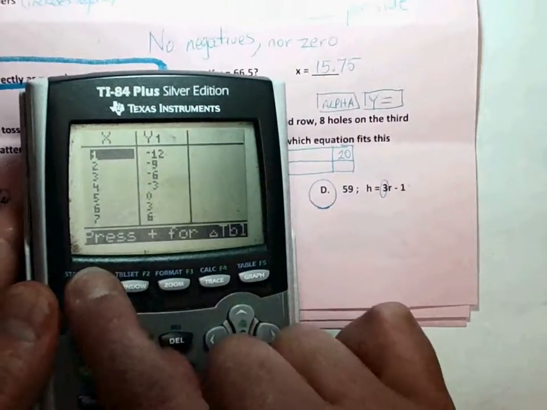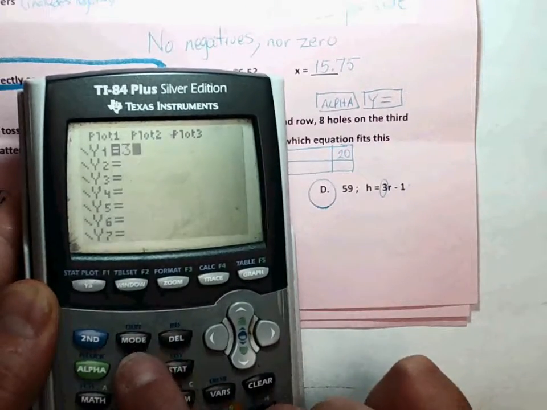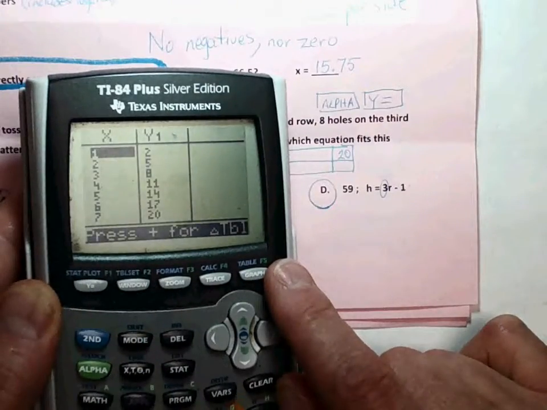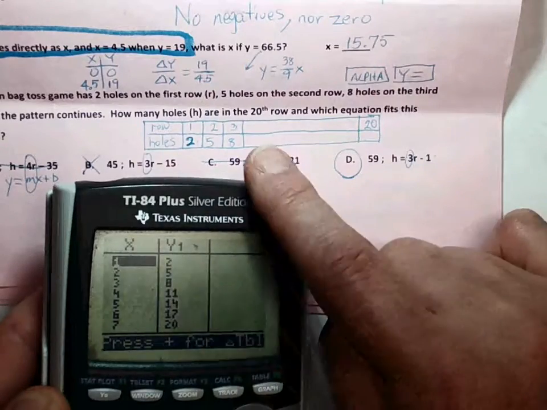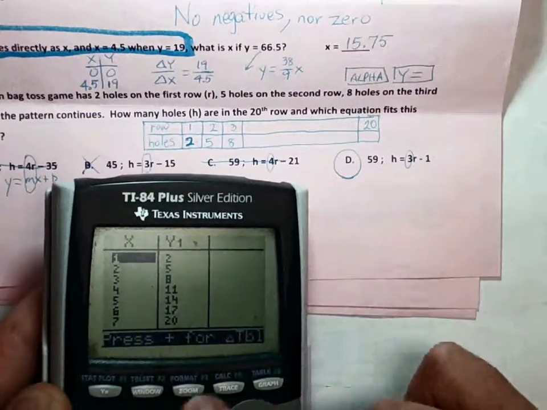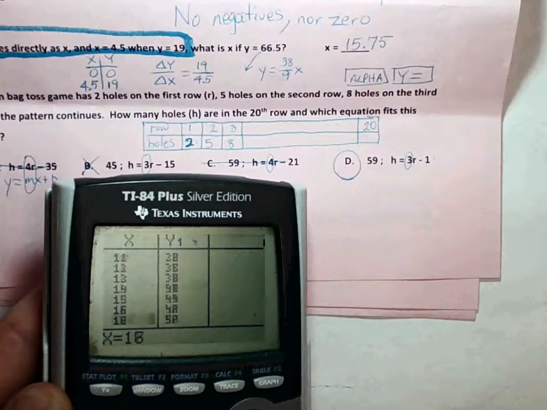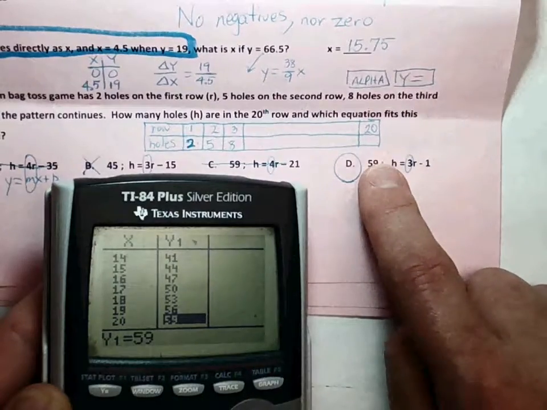This is the correct answer. If we come over here and type in 3x minus 1, we know that the first row has 2 holes, the second row has 5, the third has 8. And if we scroll down to 20, we'll see our answer is 59. 20th row, 59 holes, right there.